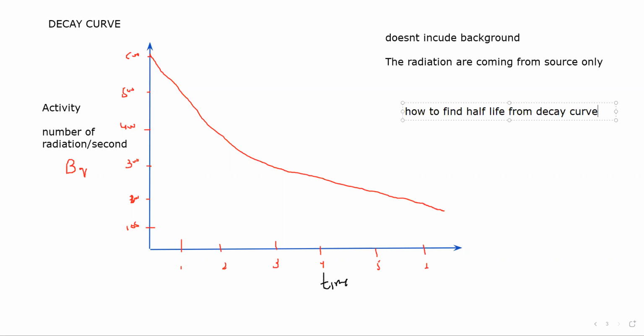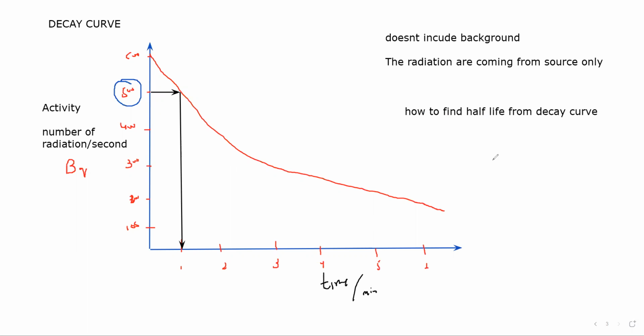You can take any value; it's up to you. For example, I took 500 as my first value. When the radiations from the source are 500, what is the time? The time axis can be in seconds, minutes or hours, depending on the sample.